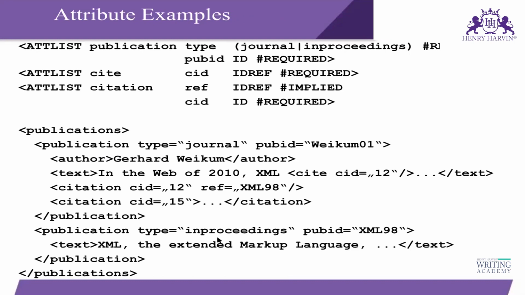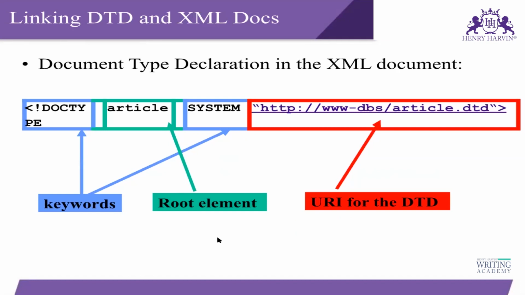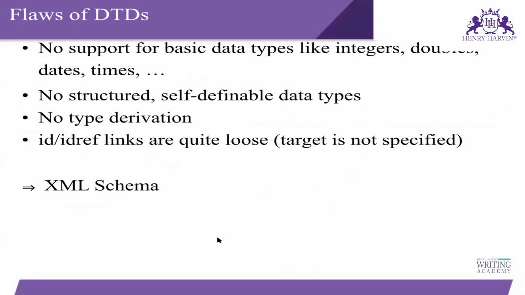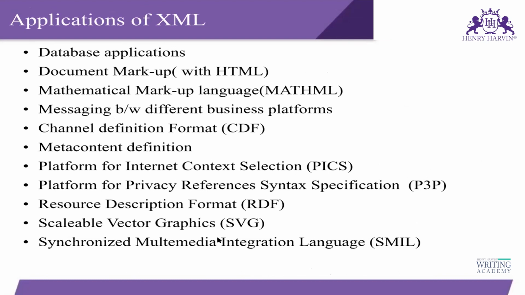These are certain attribute types and how it works. Again, it's showing the blue and green, the root element, the keywords, and the URL that has been used. Now, what could be the flaws? It can be a little complex at times, so you will have to work on this. This was a little thing that I wanted you to have a look at.